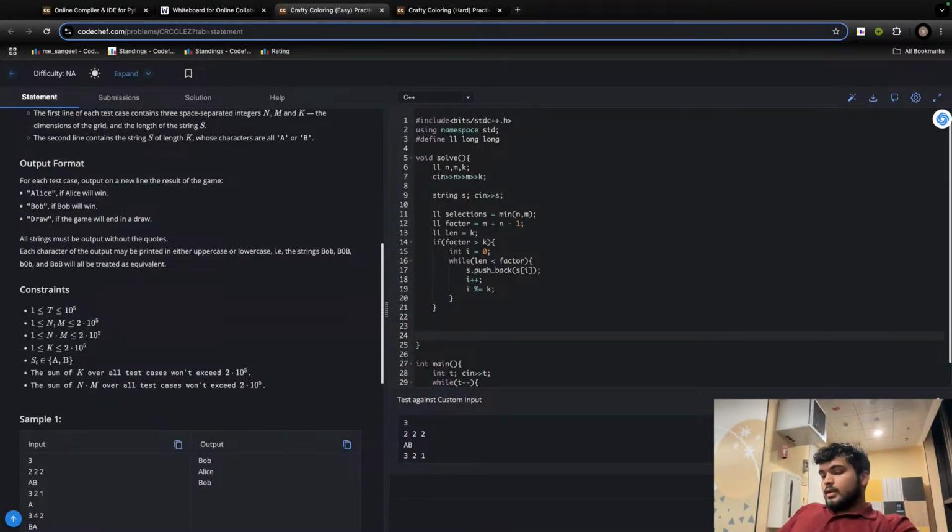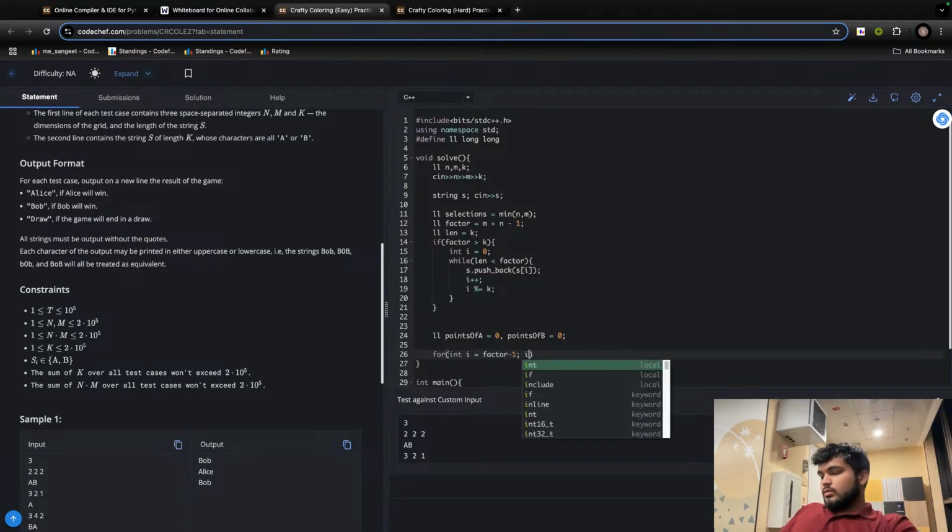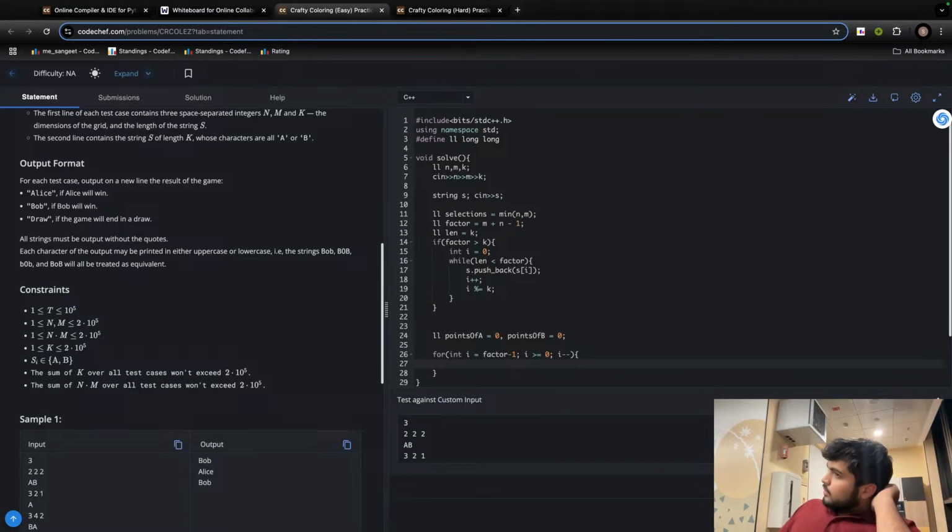Then how will we be arriving at the answer? Let's say points of a initially was 0 and points of d is equal to 0. Okay, then we will be starting with the factor minus 1, and we'll come to the start.